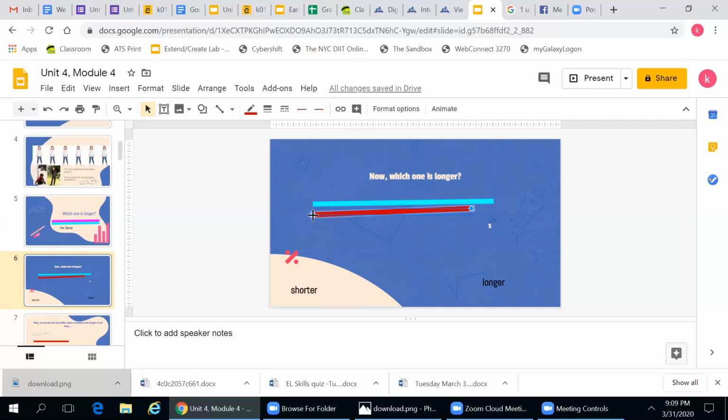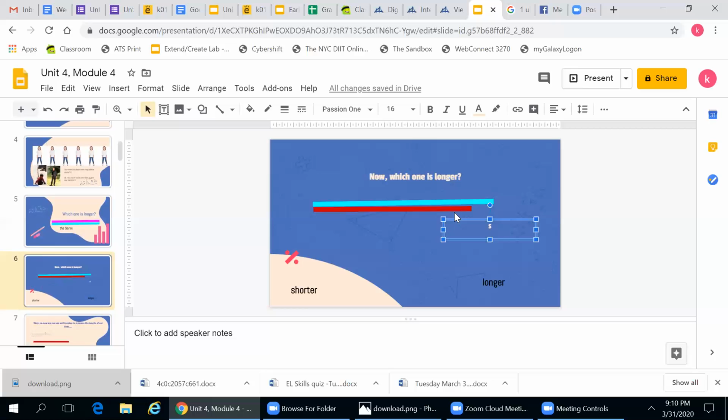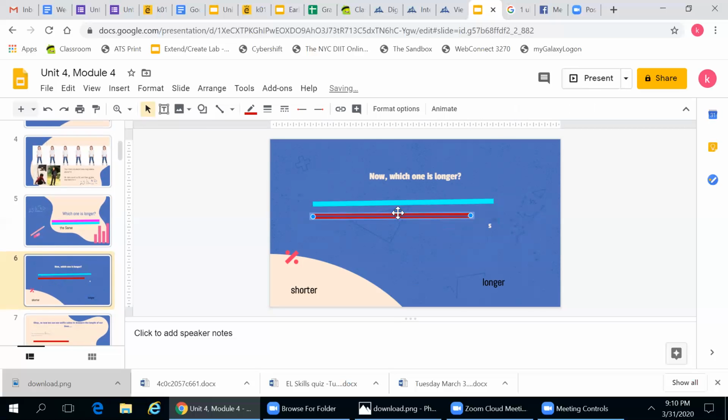I want to make it as straight as we can. Wait a minute. Miss Ewan and my KO1 friends, which one is longer? Oh, you know what? I'm going to just move this down just a little bit. The blue line is longer.